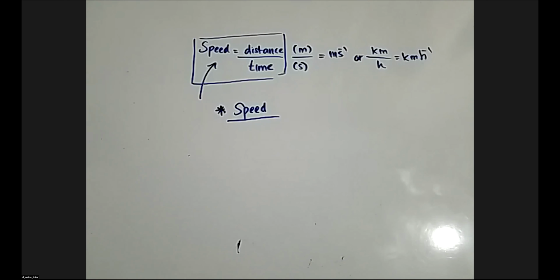When the speed is constant, we call it uniform speed. Not the time, sorry. I'll read it again, check it. The distance traveled by a moving object per unit time is constant. Now the definitions are over.